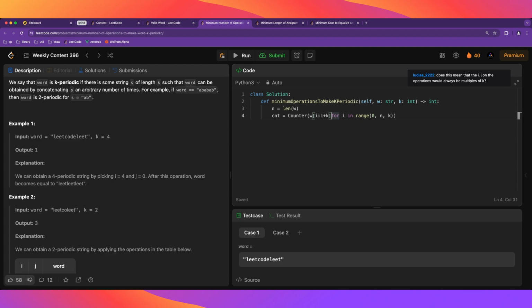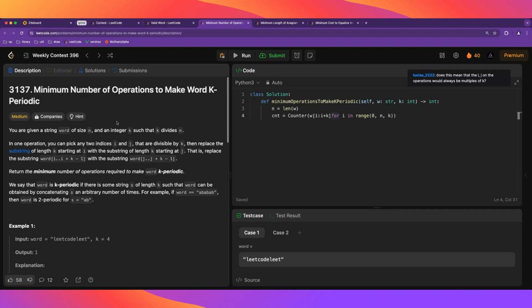Does this mean that the i and j of the operation would always be multiples of k? Yeah, they would always be multiples of k. It's just specified in the statement here: you can pick any 2 indices i and j that are divisible by k.